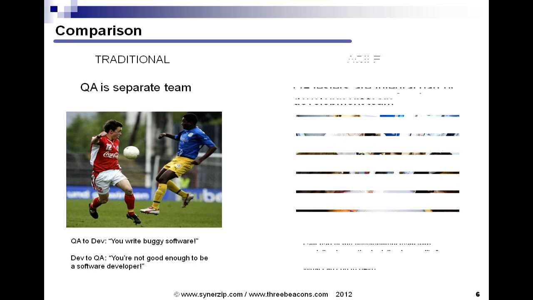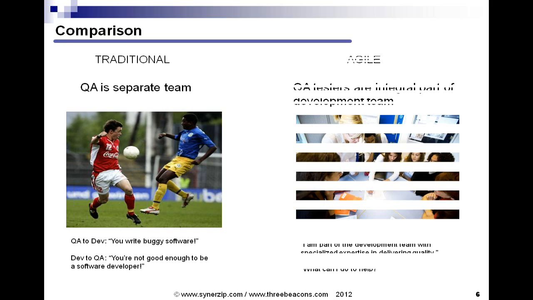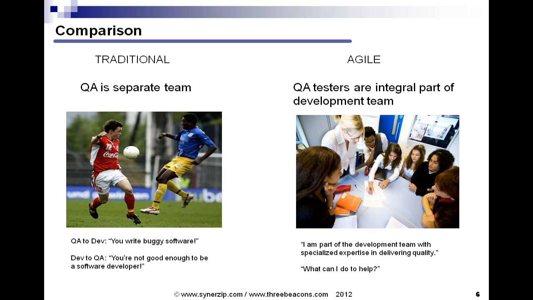In Agile, the QA testers are an integral part of the development team. Now let me say that again. In Agile, the QA testers are part of the development team. Now you might say, well, what does a QA person develop?